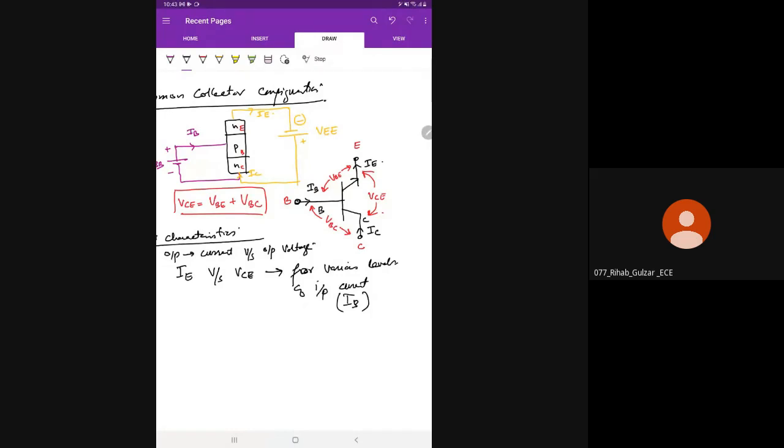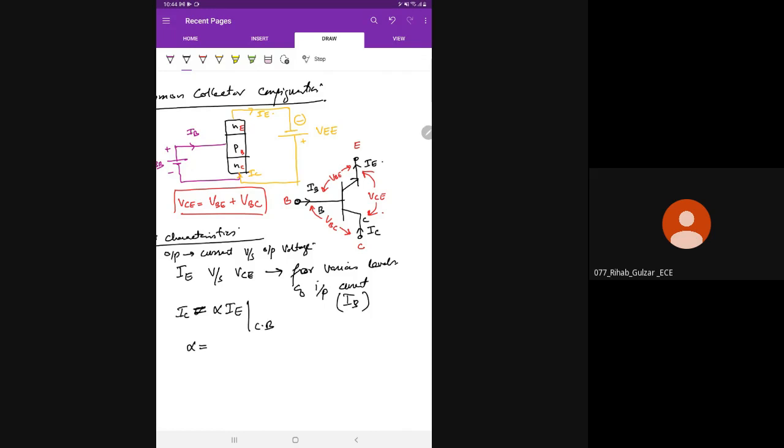that is IB. Okay. And we also know that हमने already देखा है in common base configuration, IC is equal to alpha times IE. In common base configuration, we have already seen that IC is equal to alpha times IE, and we said that alpha is the current gain in common base configuration.